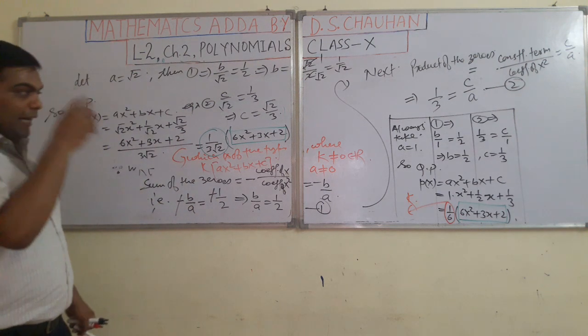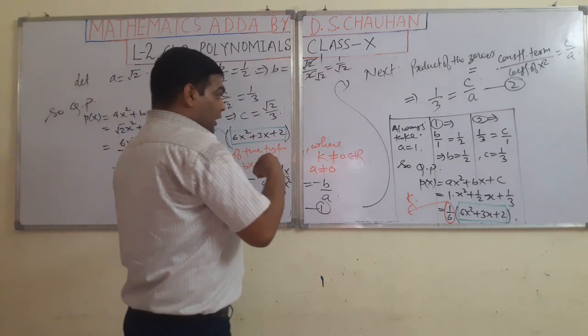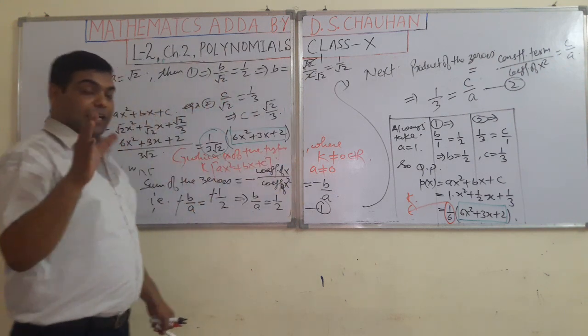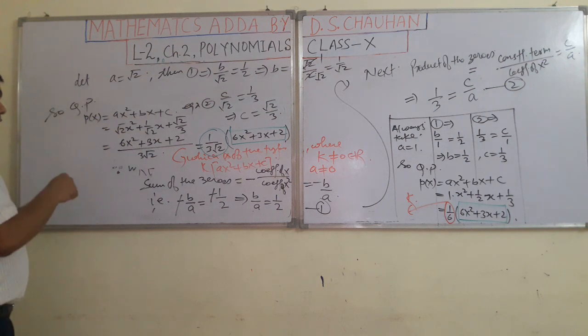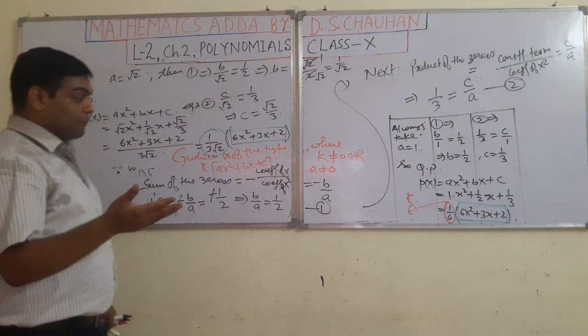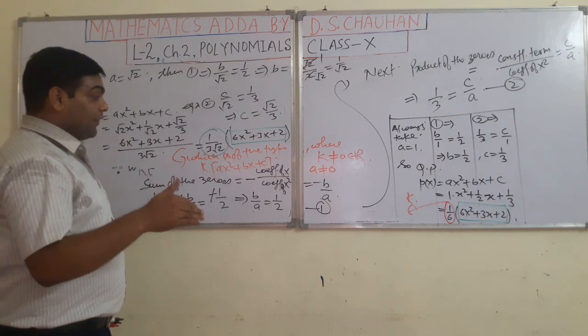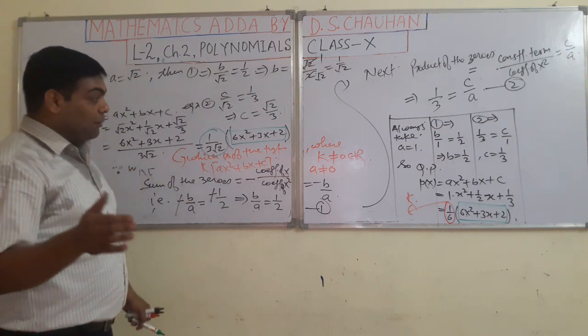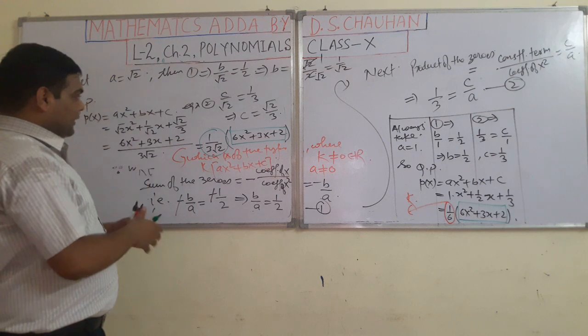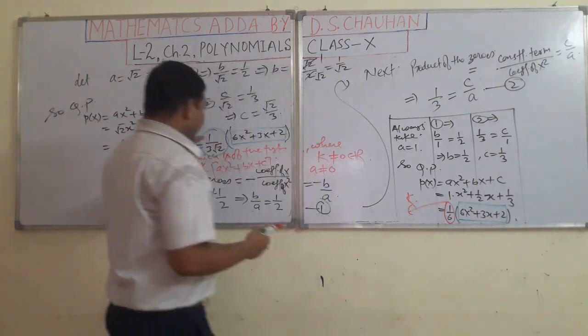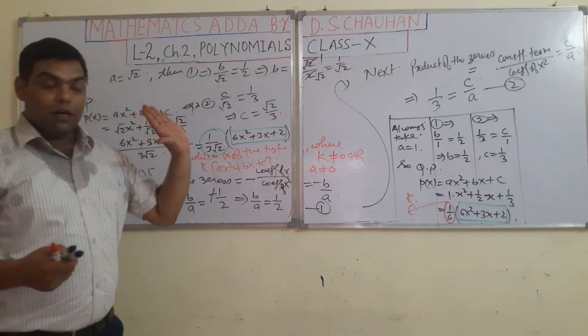But students, here I have explained in a big way the reason behind it. I want to tell you how many answers are possible and how many different ways you can solve. Here you have seen that one student has found this answer while another student has found this answer.